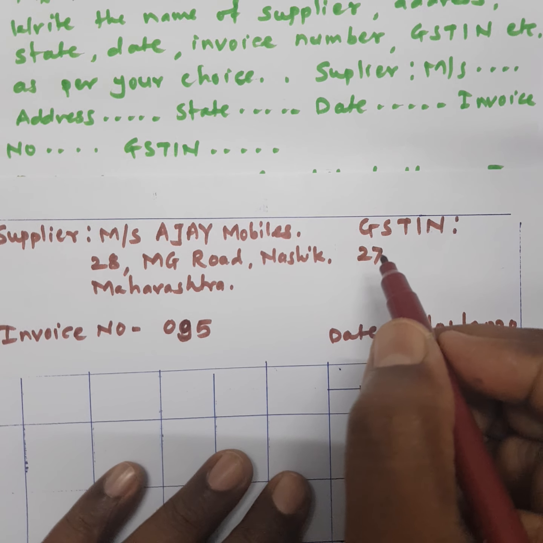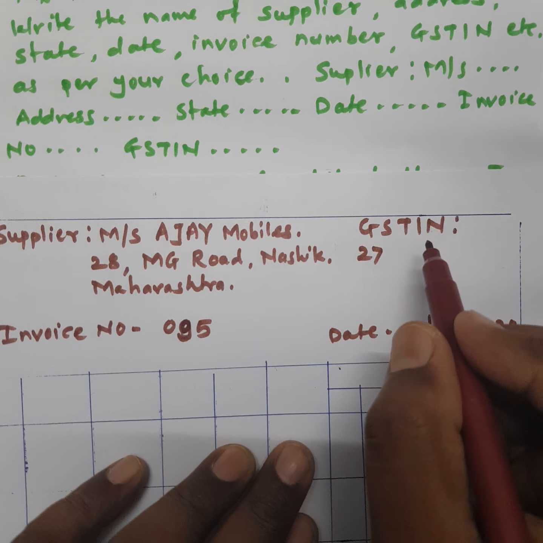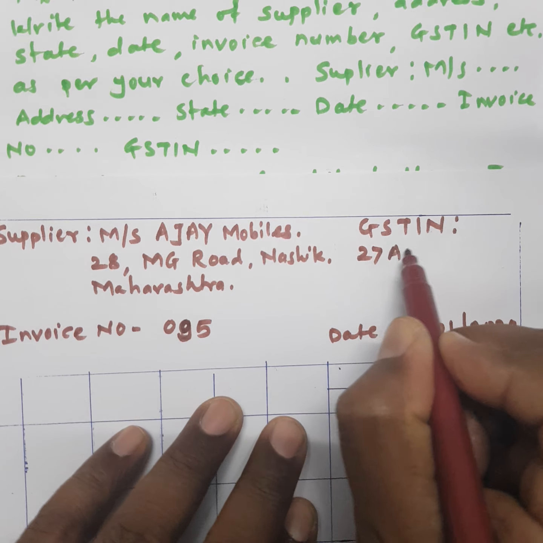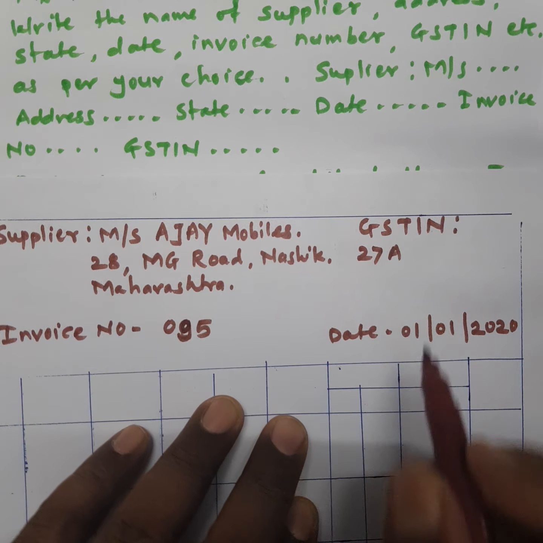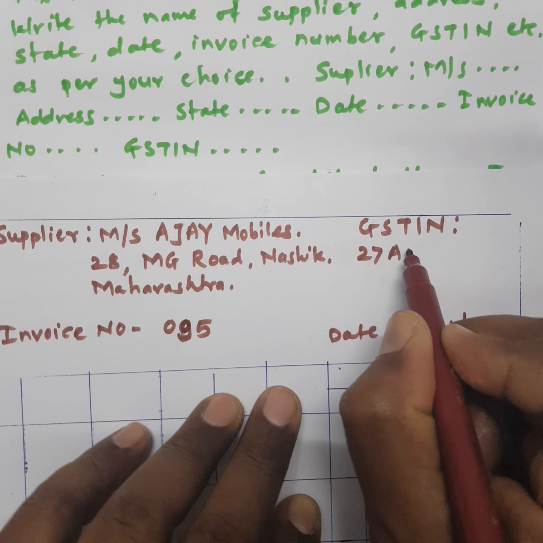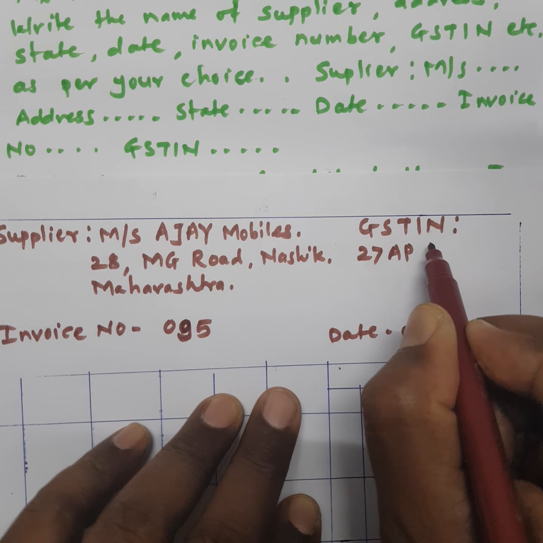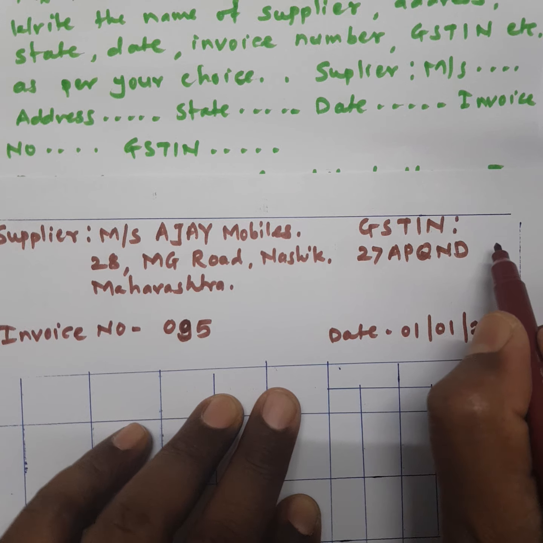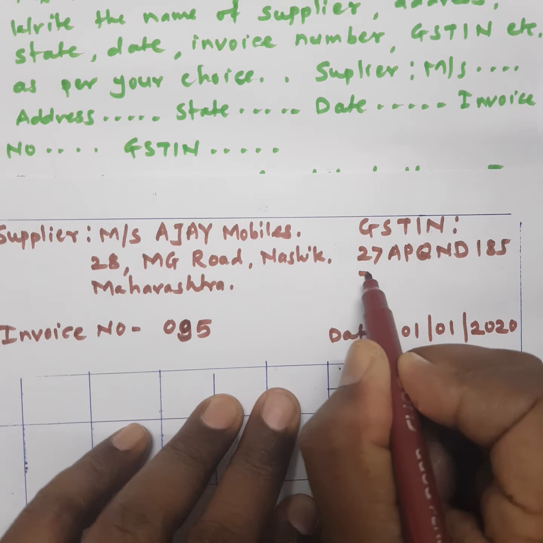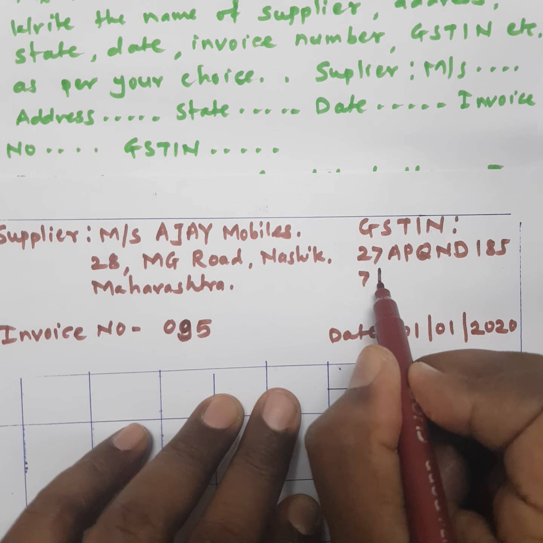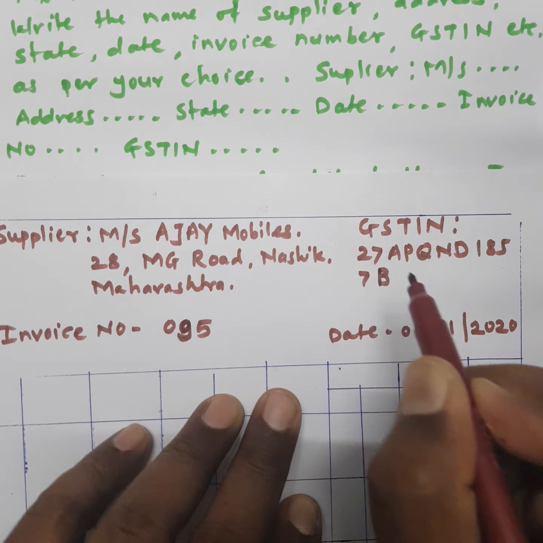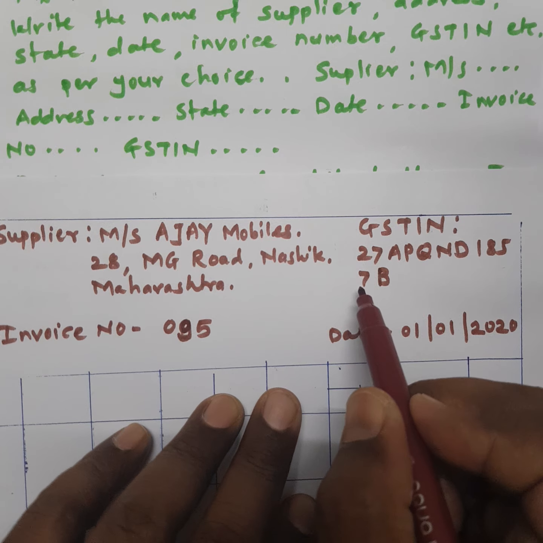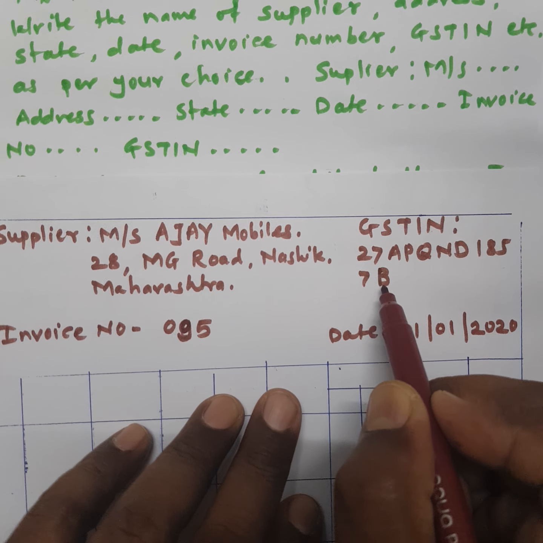GSTIN: 27 is the state code. Then the next 10 digits are of the PAN number, APQND1857B. First 5 digits are alphabets, next 4 are numericals, and the last is also an alphabet.